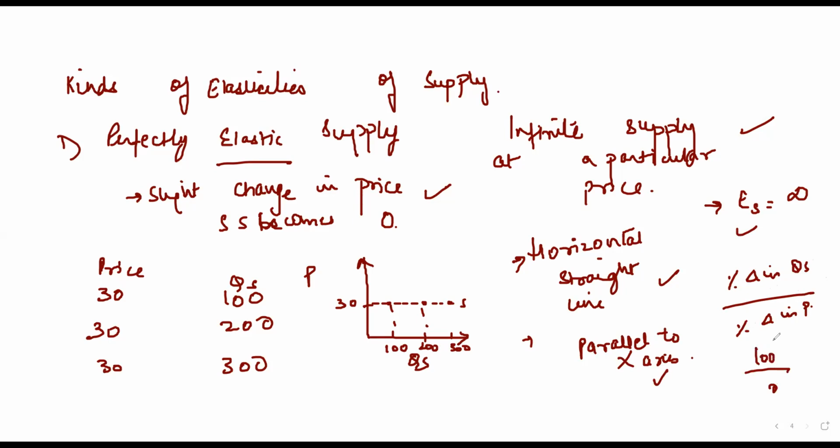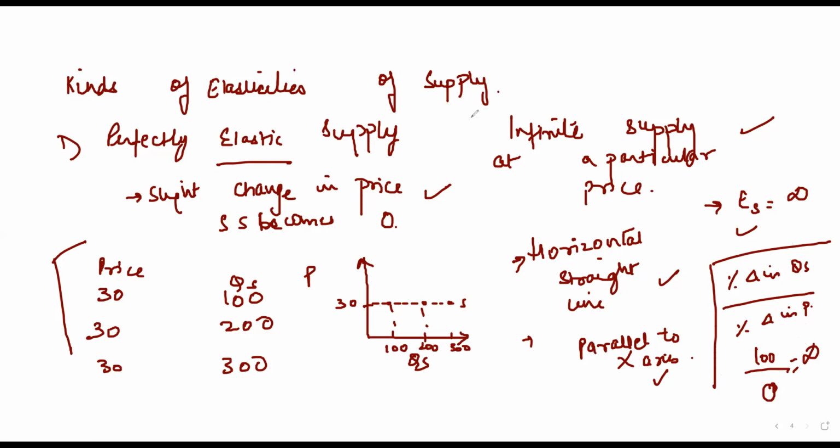You take 100, 200, whatever. As long as the denominator is zero, infinity will be the answer, right? So your supply will be perfectly elastic in this case. So numerically also you can vouch for this fact, and this way with the help of a schedule also you can say this, right?